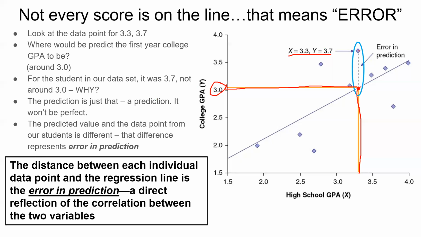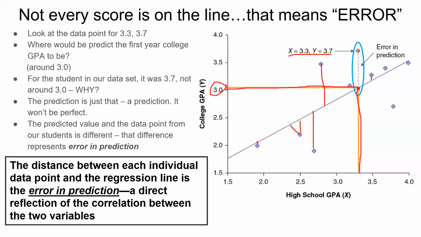And each individual data point is going to include some error in prediction. So we have error in prediction here, here, here. Now notice I'm drawing these lines straight up and down, straight to the regression line. And you might think that we should be drawing it at a diagonal, since that is a shorter distance than going straight.